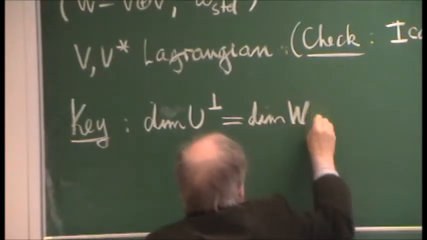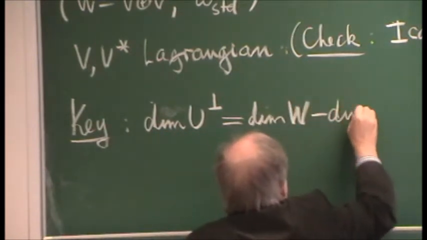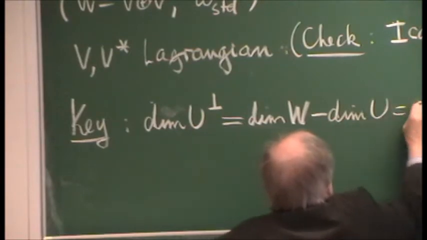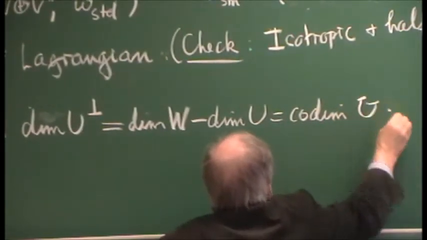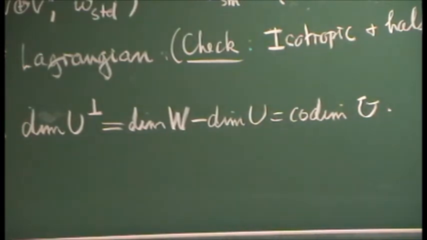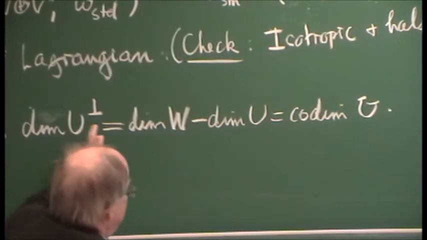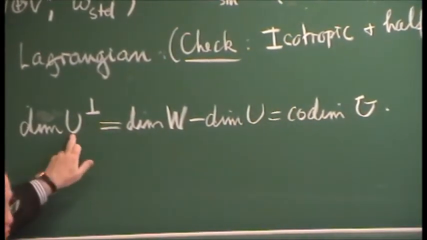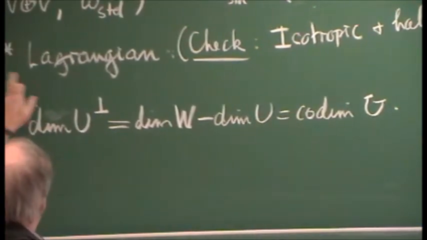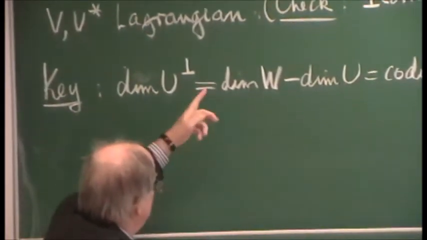So it's the dimension of W minus the dimension of U. This really helps. If this thing is bigger than half dimensional, then its orthogonal complement is smaller, and therefore it cannot equal itself. So that's basically what you have to check here.